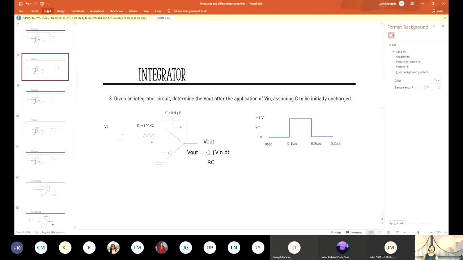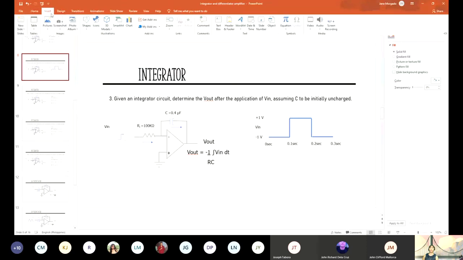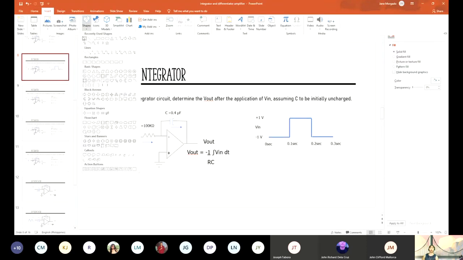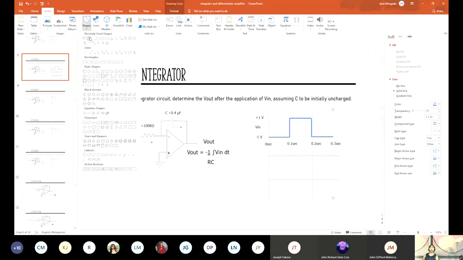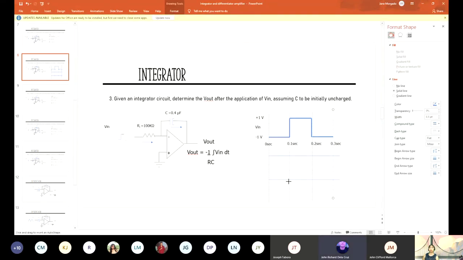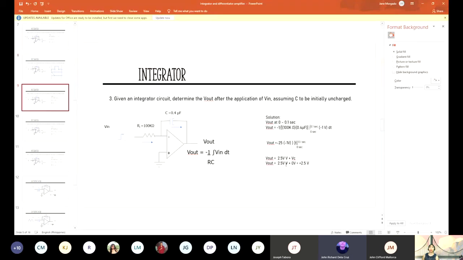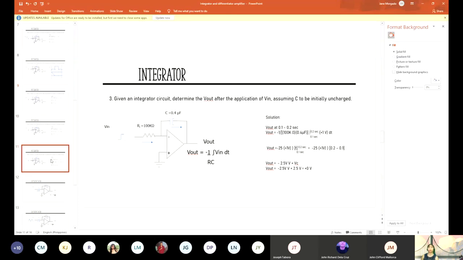So how are we going to draw that? Let's draw the output waveform. So from 0 to 0.1, what is the output, class? Positive 2.5. Okay, so 0 to 0.1, positive 2.5.